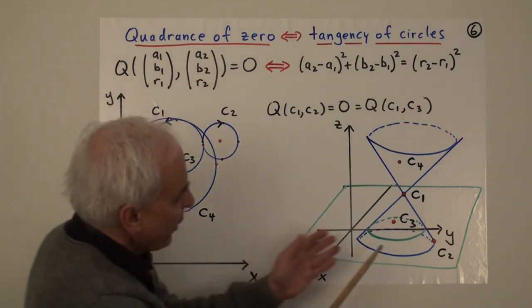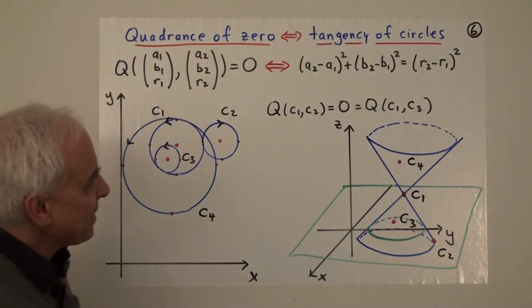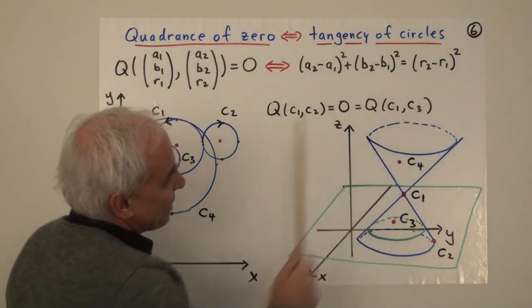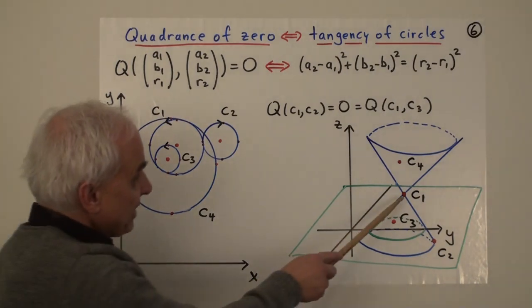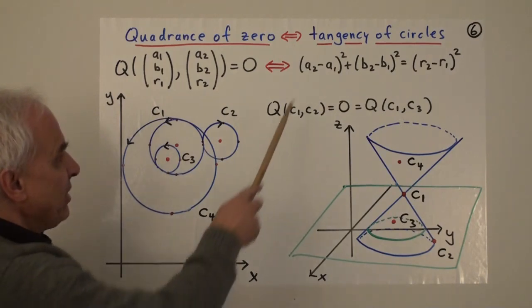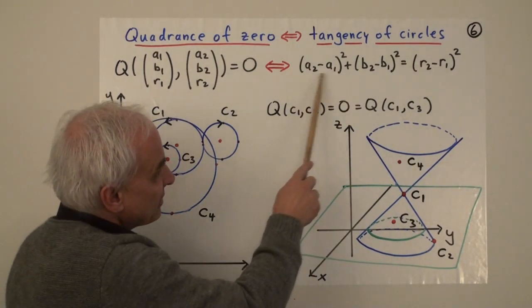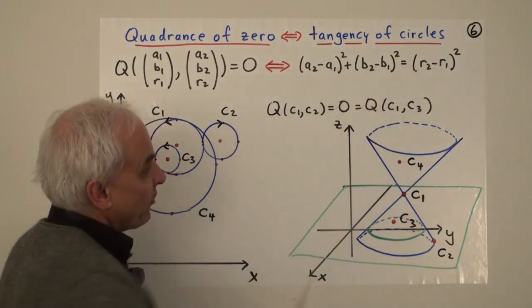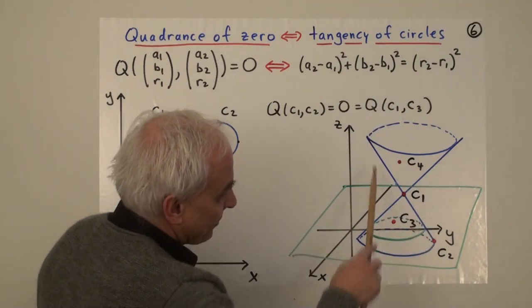Now over in our three-dimensional situation, such a condition here really determines a cone. So if we think of C1 as being fixed, and C2 as being variable, then the set of vectors that satisfy this will be a cone that looks like this.